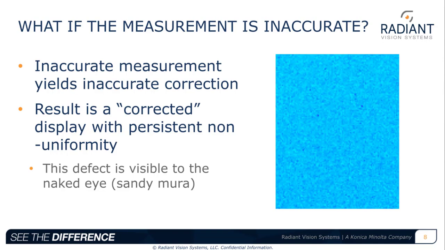The problem with an inaccurate measurement is that it will result in a bad correction. So as you can see from the example on the right-hand side, you have some bright pixels and some dark pixels, and this can be seen by the human eye. So if you take a display and correct it to something that looks non-uniform, you do not help your yield, and we failed to do what the pixel correction was meant to do.